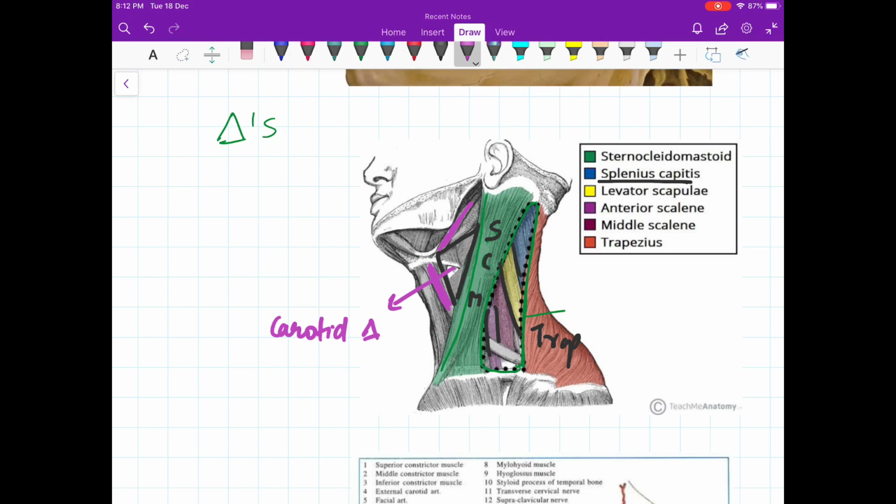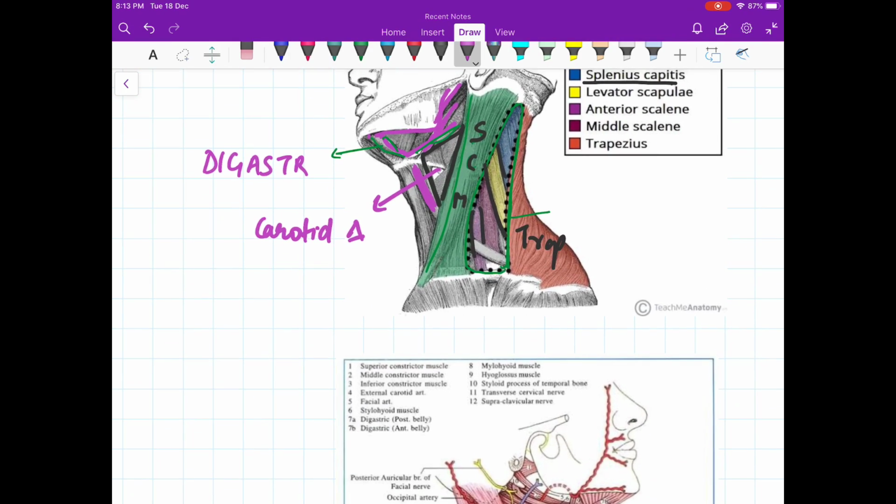And the triangle that is bounded superiorly by mandible and inferiorly by digastric muscle is digastric triangle. So this was all about the triangles.